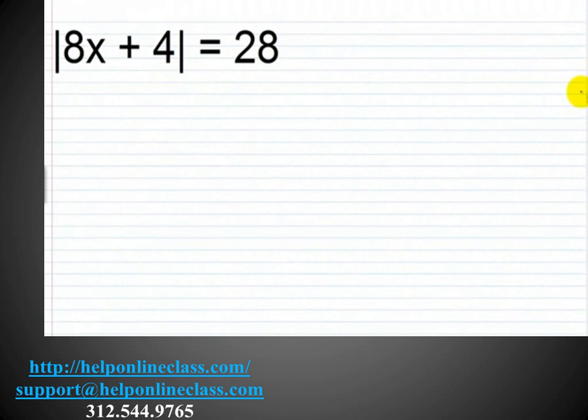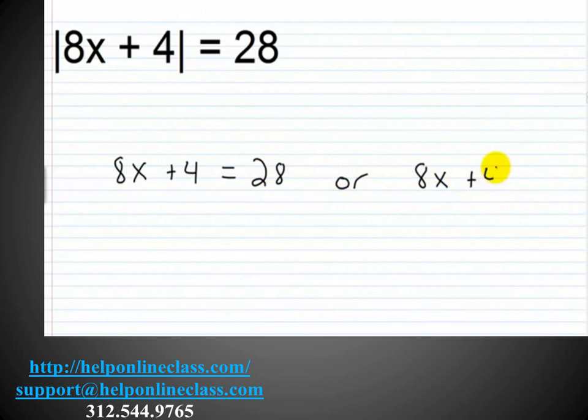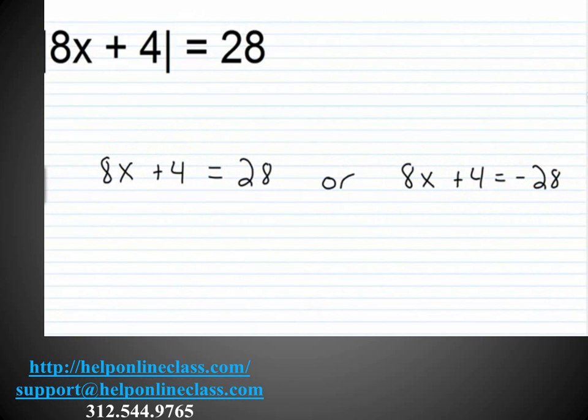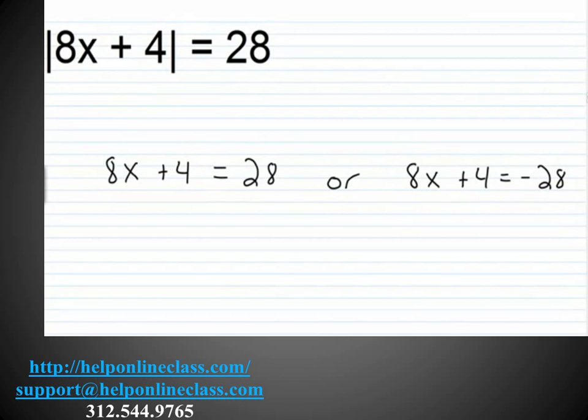So we have the absolute value of 8x plus 4 equals 28. So following that rule, we would set up these two equations. 8x plus 4 could be equal to 28, or 8x plus 4 could be equal to negative 28. You're going to solve those two equations. Let me scroll this over a little bit.